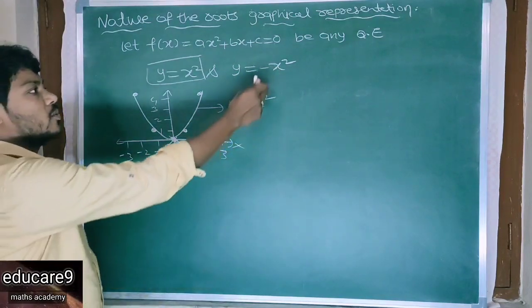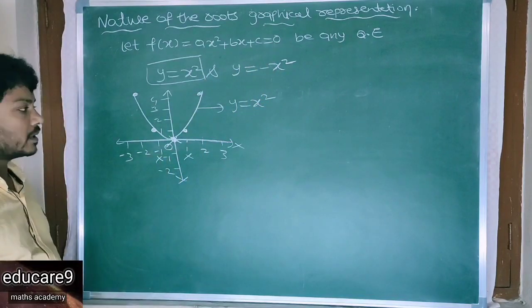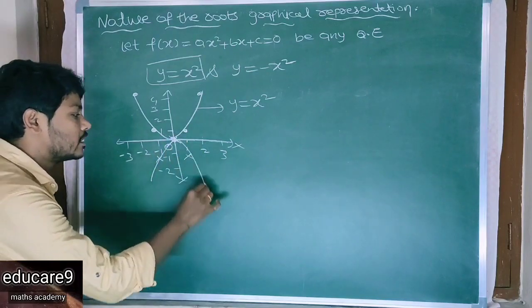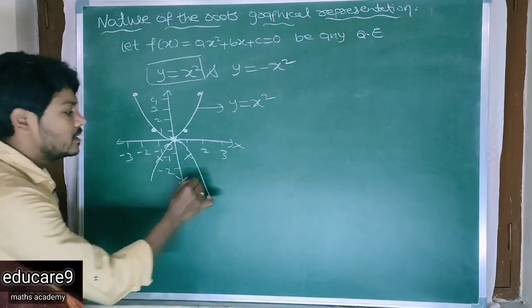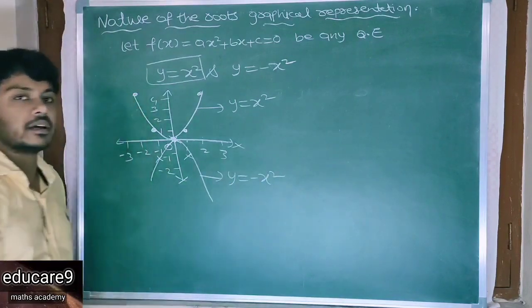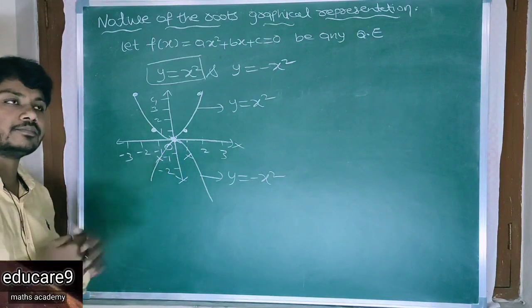At x = −1, in that case also −1. Now joining these points, you get the given graph. So that is the graph of y = −x². This graph represents a downwards parabola.